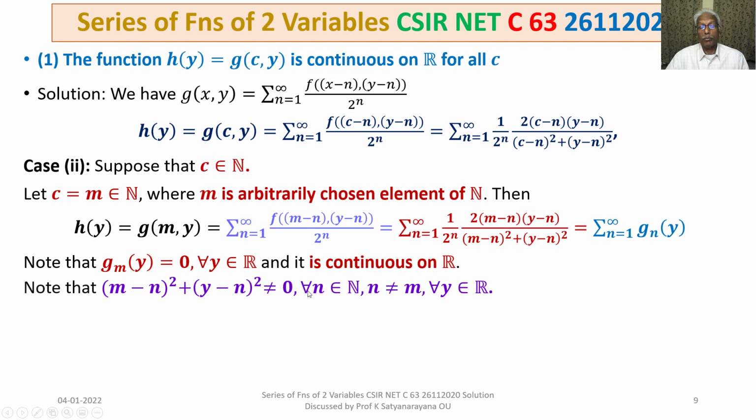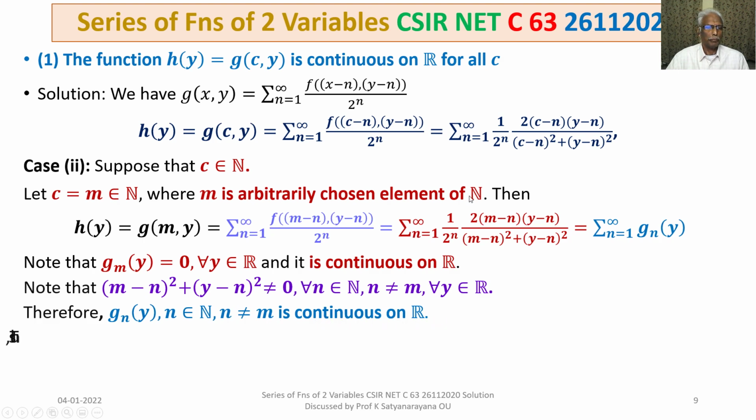And this is true for all y belongs to R. So that means this g_n(y), when n not equal to m, is also continuous, because the denominator is continuous, obviously the numerator is continuous, and hence g_n(y) is continuous for all y belongs to R, therefore it is continuous on the whole of R.